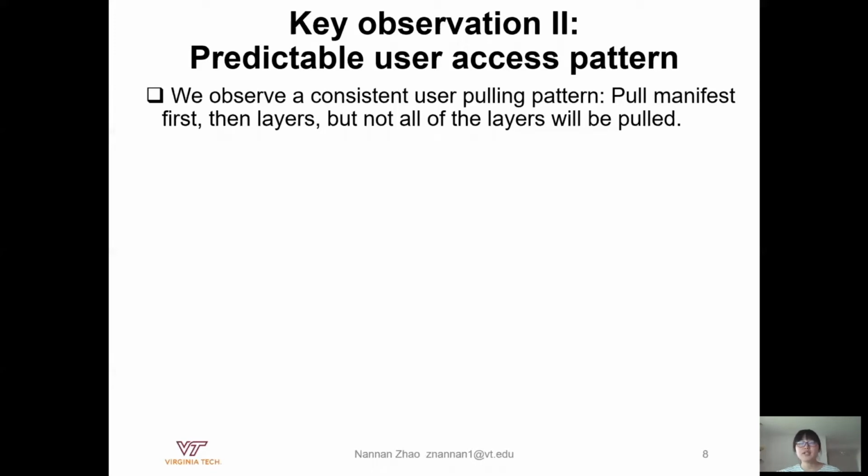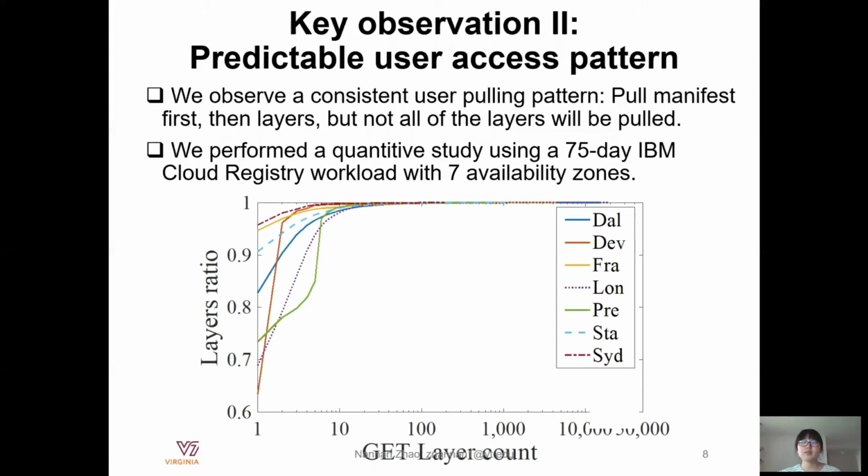To further understand the pulling pattern, we studied the IBM cloud registry workload that spans 7 availability zones and a duration of 75 days. This graph shows the distribution of get layer request count for the same client. We see that the majority of layers are only fetched once by the same client.